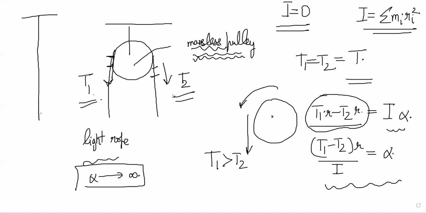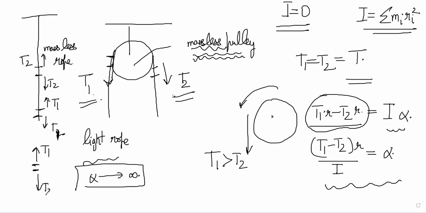Taking the other example, if it was a rope like this which was hanging and it was a massless rope, obviously you should say that tension here is the same as tension here. If this tension was T1 and this tension was T2, T1 and T2 cannot be different from each other, because if they are different, there must be an element here where on one side the force is T1 and on the other side the force is T2.